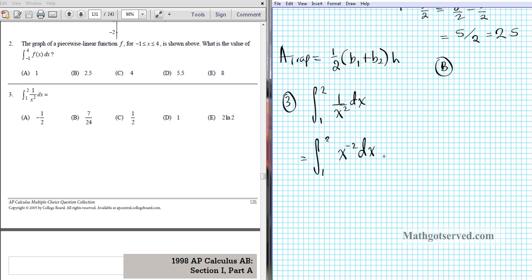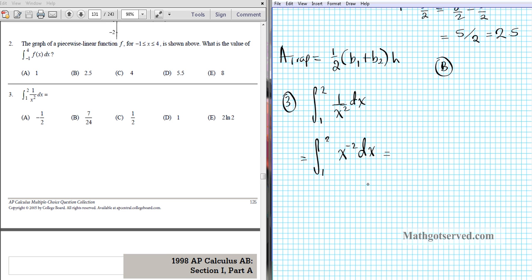All right, so there you have it. Now we can evaluate the integral using the power rule for integrals. I'm sorry, I was differentiating instead of integrating.